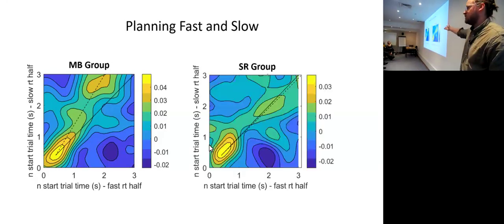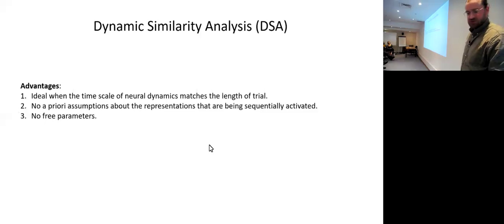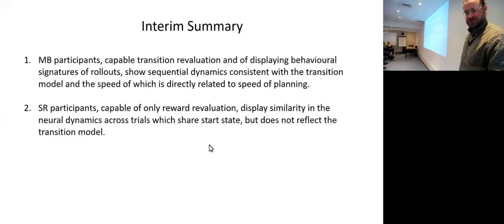And indeed, if you look in the SR group that don't have any of these behavioral signatures, we don't see any of this. So we can talk later about what this method offers, but in summary, we're seeing these sequential rollouts and sequential neural dynamics in these model-based participants.